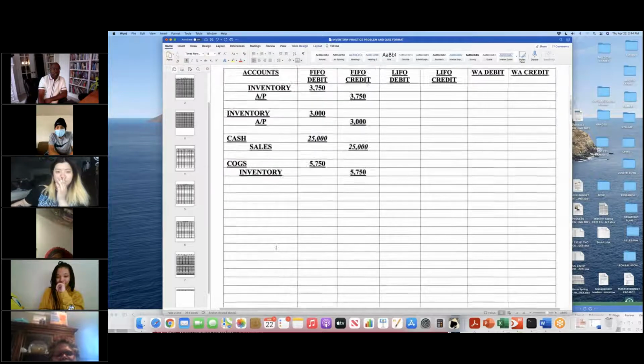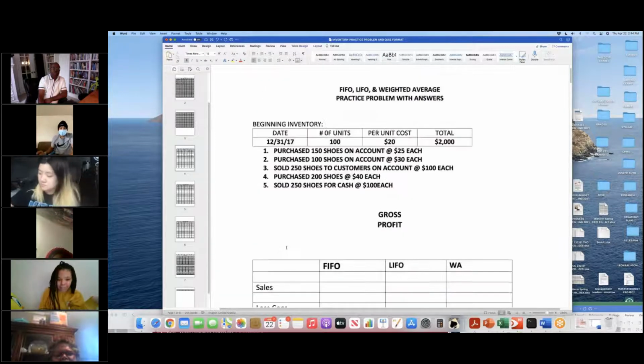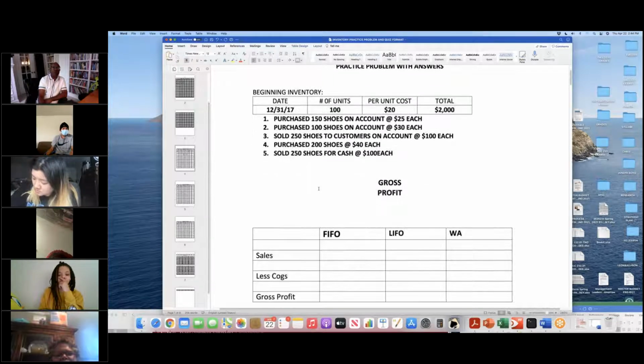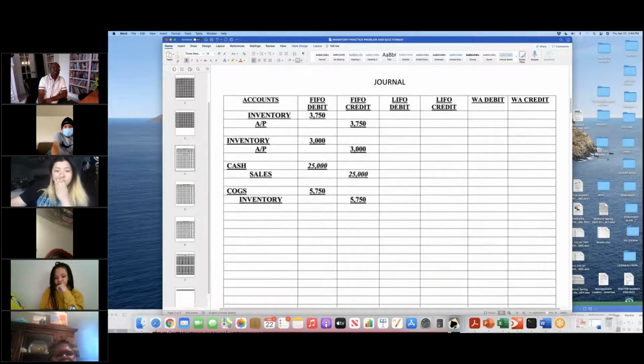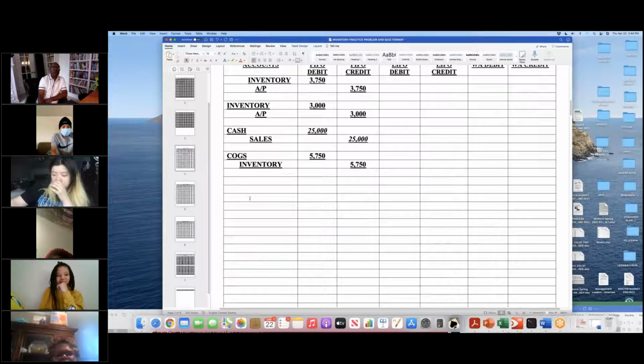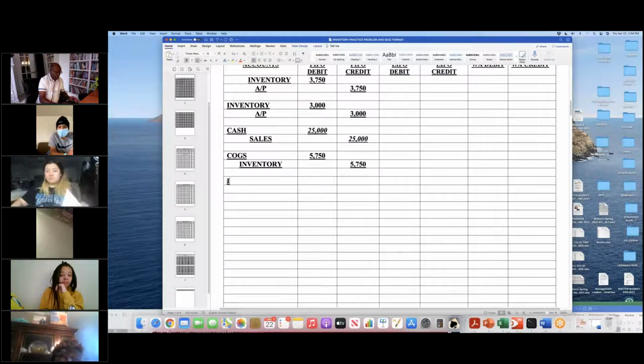Then we have another transaction where we do what? We purchase 200 pairs of shoes at 40. So that's going to be how much? $8,000.